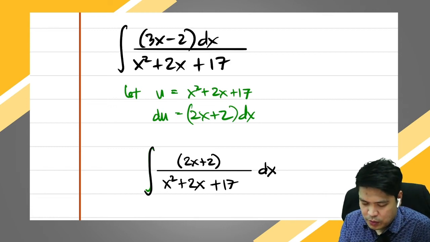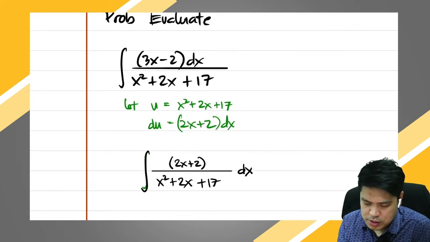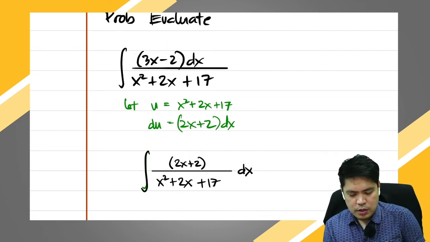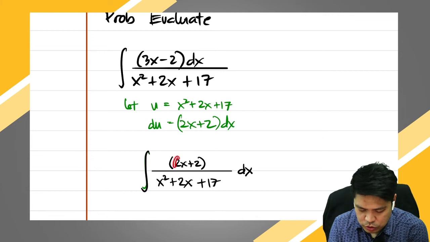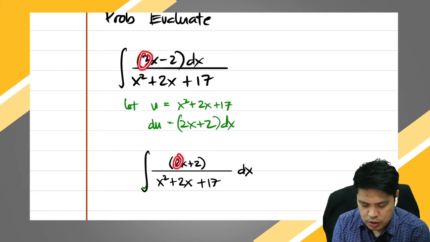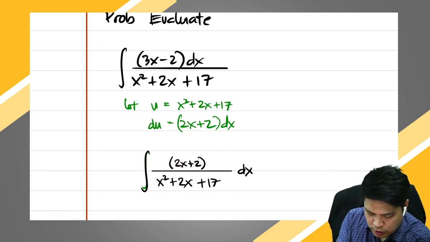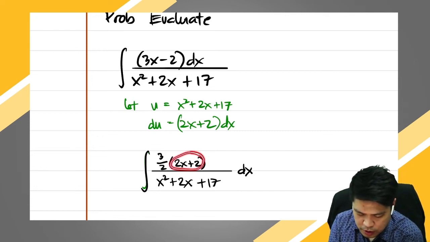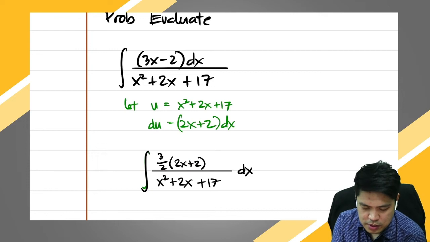So, anong pwedeng gawin natin dito? How do we manipulate this na magiging ganito siya? Okay. Kailangan i-change natin yung 2 into 3. So, meaning I need to remove 2 here and multiply this by 3. Diba? So, meaning, if I multiply this by 3 halves, eto siya magiging 3x.